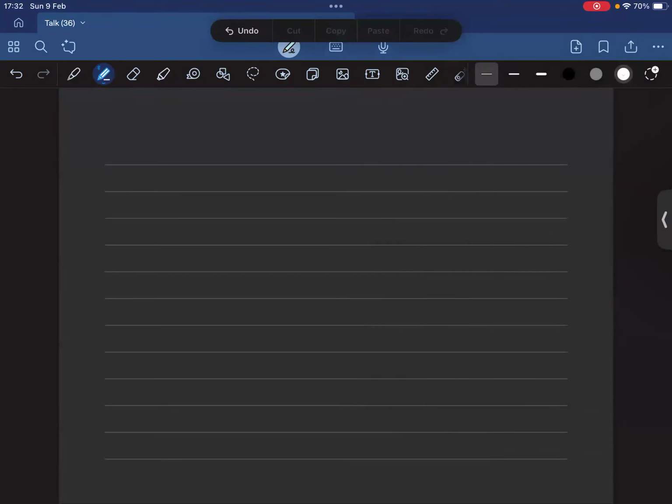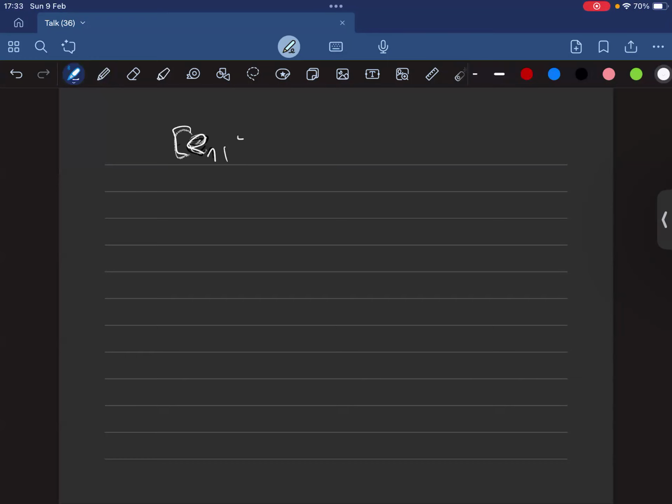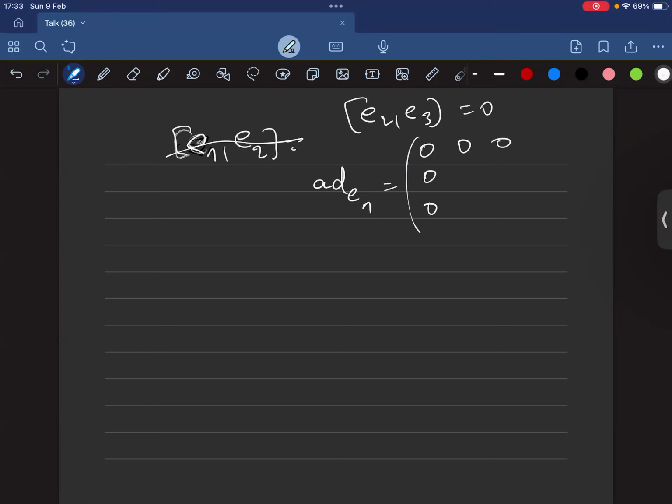So the algebras where the bracket is... sorry... where the bracket is, or I write it directly: E2 commutes with E3, and the ad of E1 is this matrix for some theta different from pi over 2, because we exclude the unimodular case.